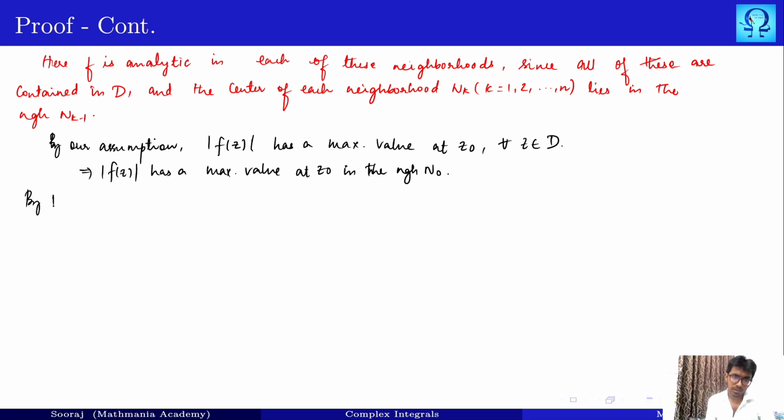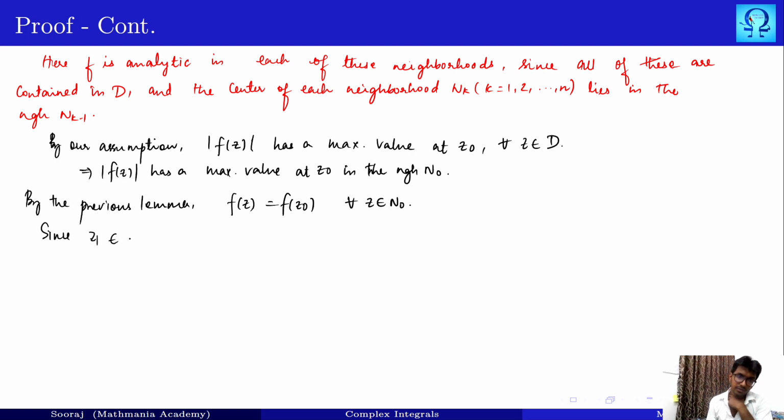By the previous lemma, we can very well say that f of z equals f of z naught for z in the neighborhood N naught. Since z1 is a member of N naught, we have f of z equals f of z naught equals f of z1.